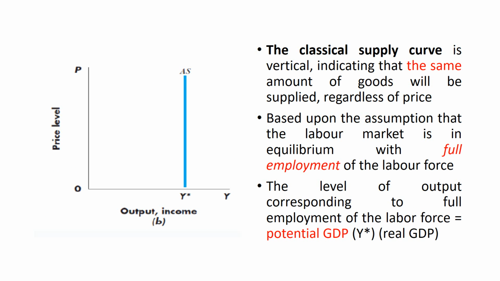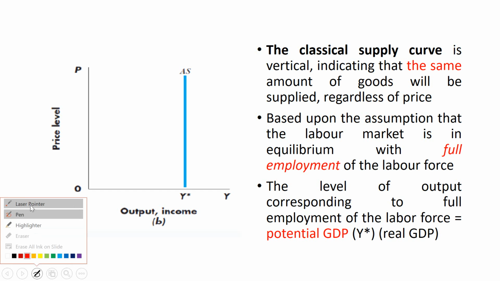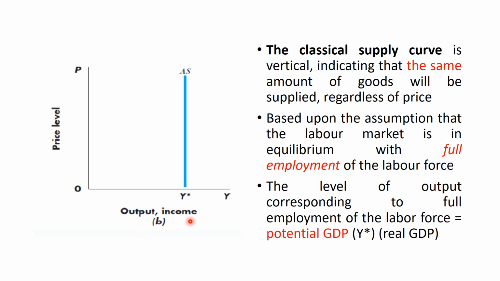Alright, we contrast that with the classical aggregate supply curve. The classical aggregate supply curve is measured in the same space as before. We're still measuring real GDP or output on the horizontal axis. On the vertical axis, we are measuring the price level.